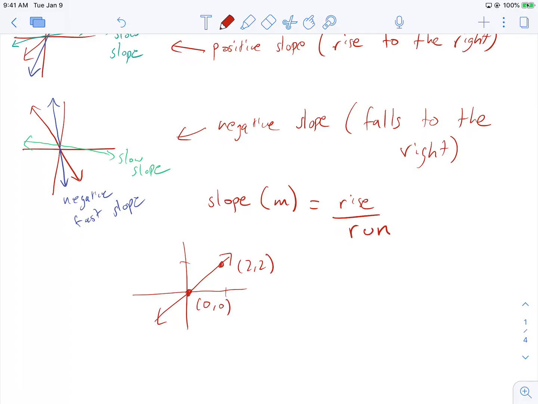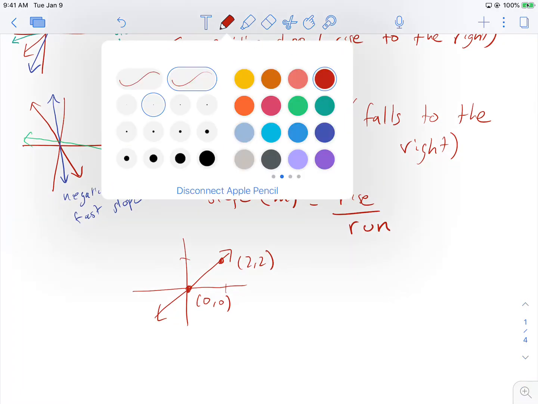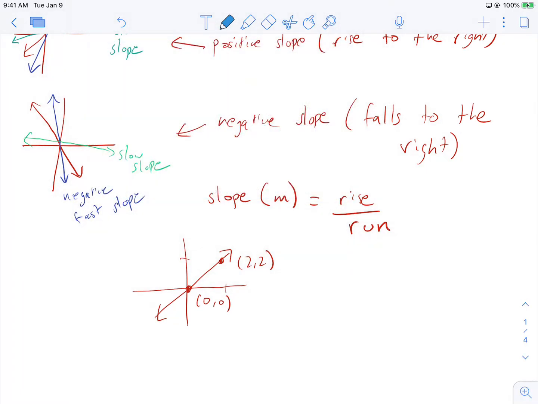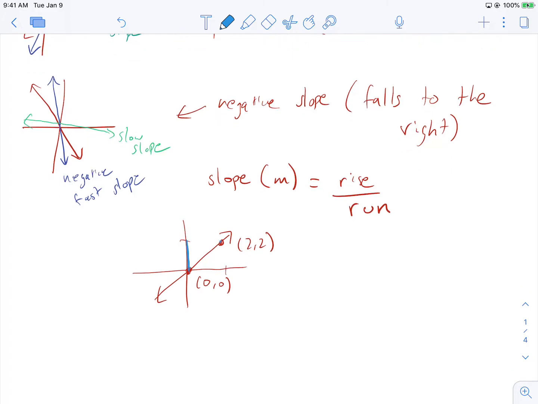How do I know what the slope is? Well, what you need to do is you need to take a look at how much does this thing rise from this point over here to this point over here. So you would count how much do you have to go up in order to make that happen. Well, it's very easy because you just take a look at our little y points here. We started off at 0, we ended up at 2, so how many spots did we move up? Well, of course we moved up 2 spots.